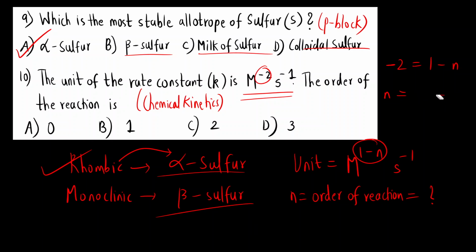Sorry, n will be what? n will be 1 plus 2. That is going to be 3. This is minus 2, it will go on the right and become plus. Minus n becomes n. So n is equal to 1 plus 2, that is 3. So the order of this reaction is going to be 3.